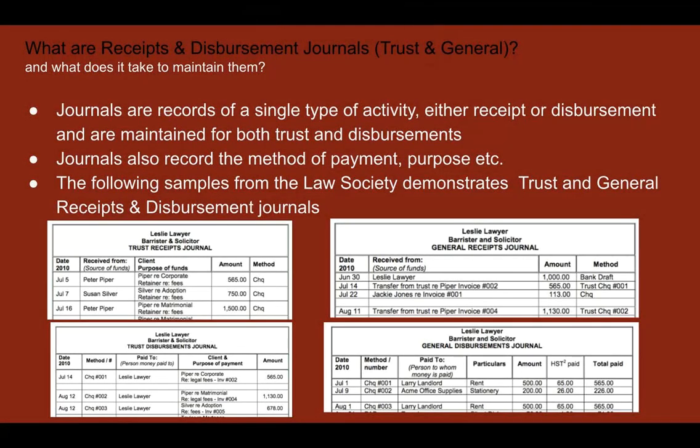Very similar to that are the general receipt and general disbursement journals too. So these journals are recorded as you record the transactions. They go into the sub-ledgers, and the journals get posted with the type of activity, receipts and other disbursements.